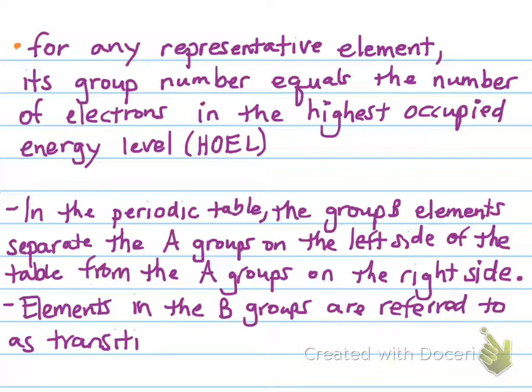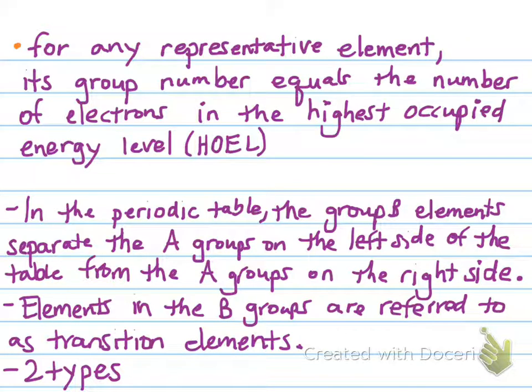Transition elements. They're going to be our last 2 groups. So technically there are 2 types of transition elements. Number 1 are just kind of called straight up the transition elements.